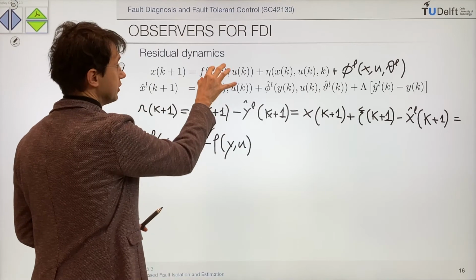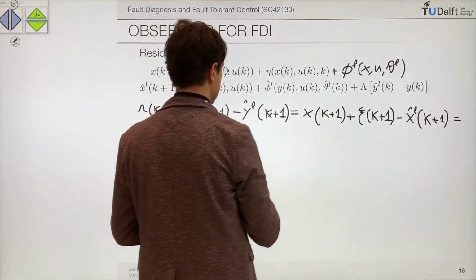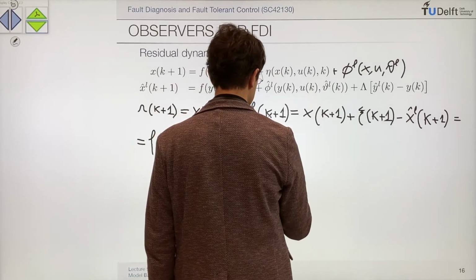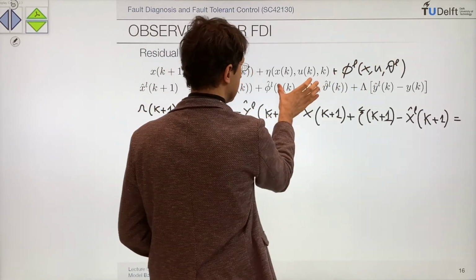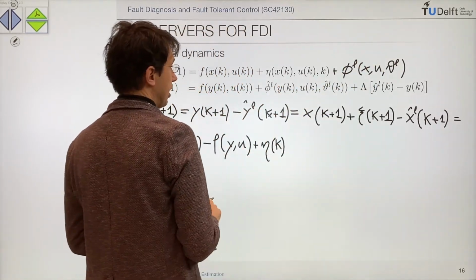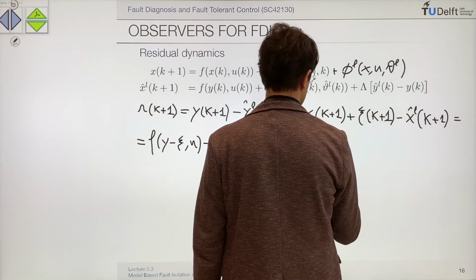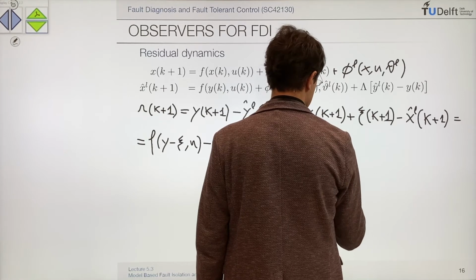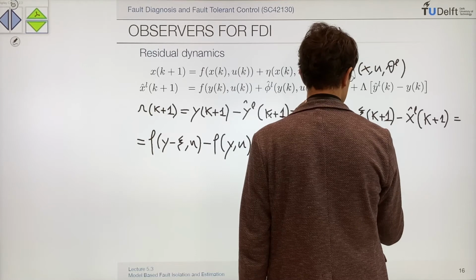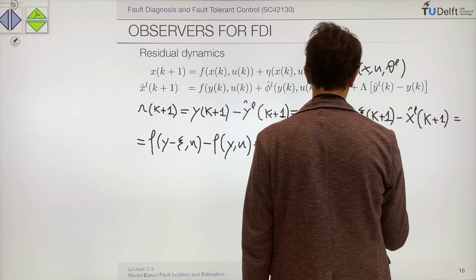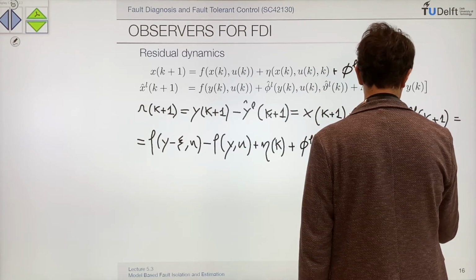So this is the difference of these terms. We have the uncertainty that is only present in the system dynamics, plus eta. And then we have the difference between this and this. So we have phi computed again with y minus psi, u, and the true value theta L, minus phi computed with estimates.